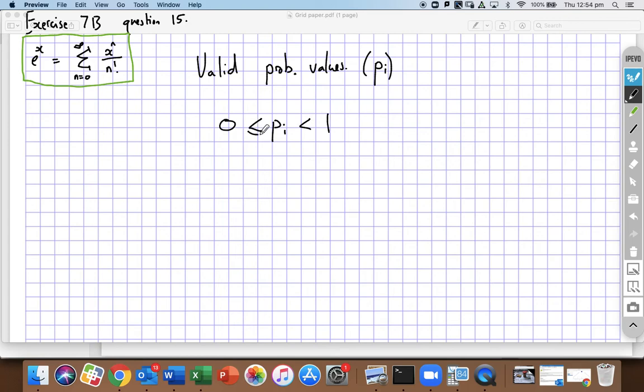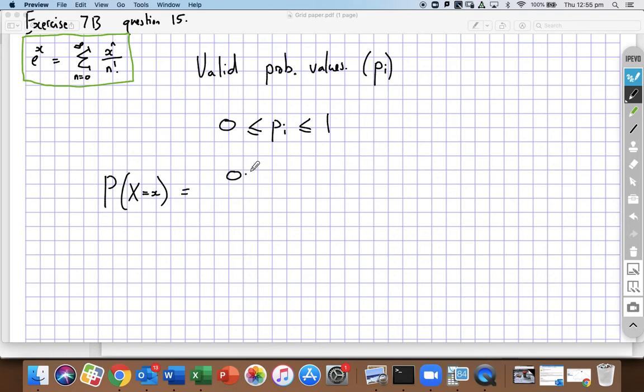They can be equal to 0 or 1. That's fine. And with our particular probability distribution, that is indeed true.